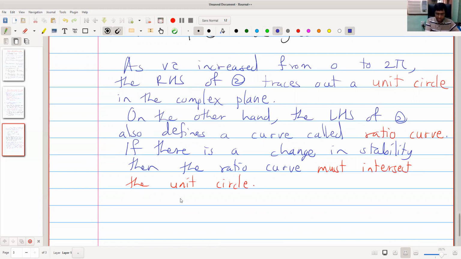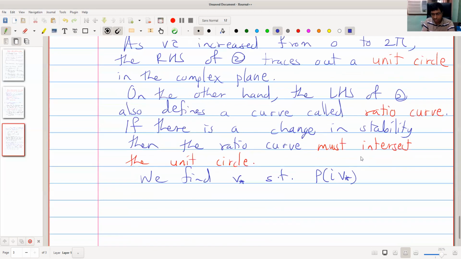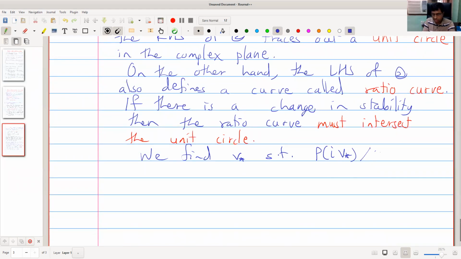We find v, a special value, let us call it v star, such that the modulus of P of i v star by Q of i v star is equal to 1, since this is on the unit circle. We find v star satisfying this.